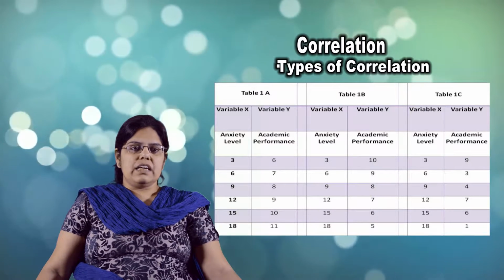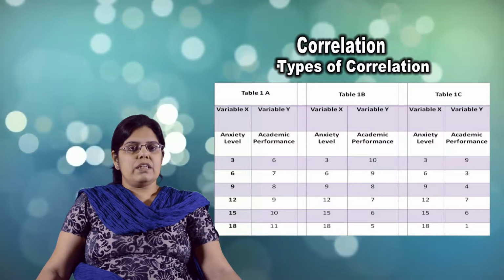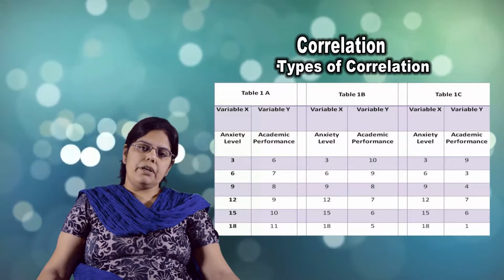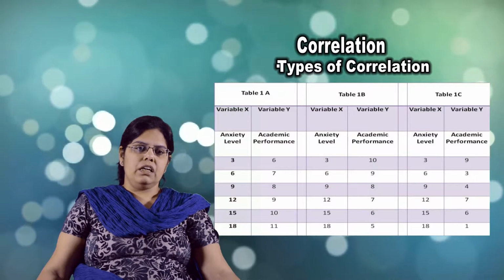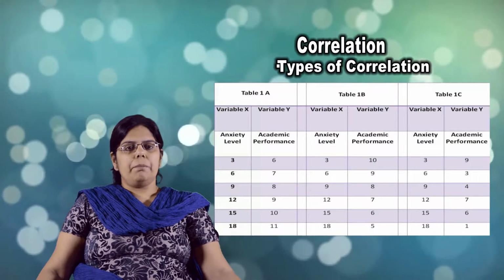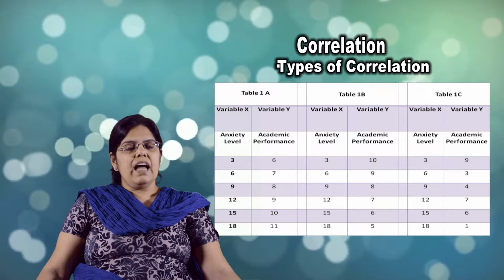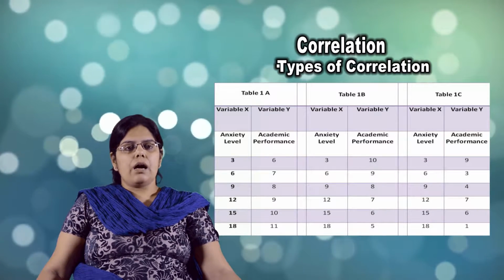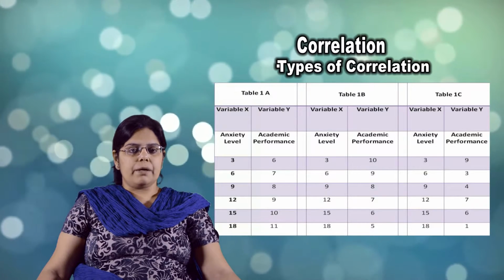Now see the data in table 1b, which shows a negative correlation between variables x and y. This means that the higher scores on x are paired with the lower scores on y, and lower scores on x are paired with the higher ones on y.